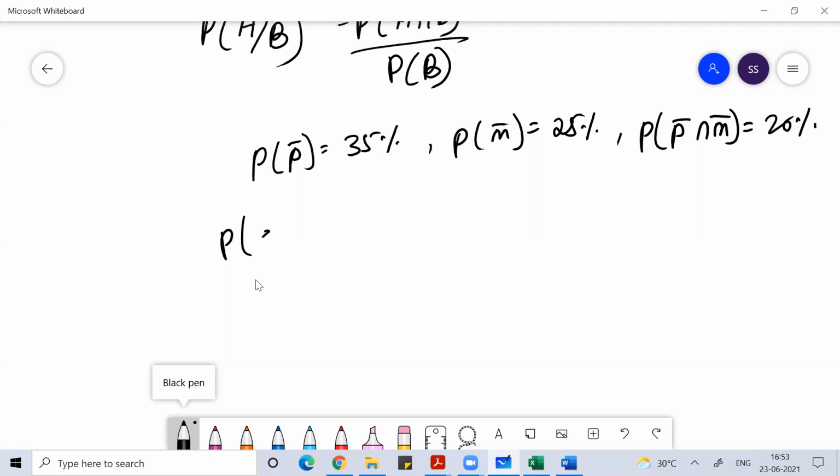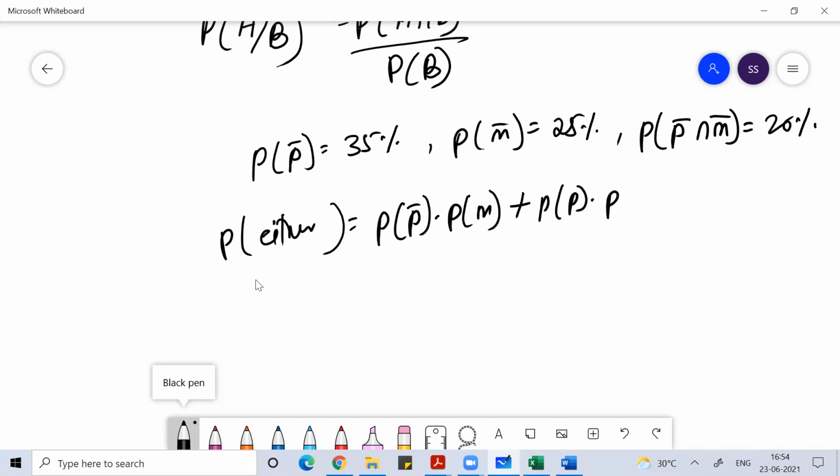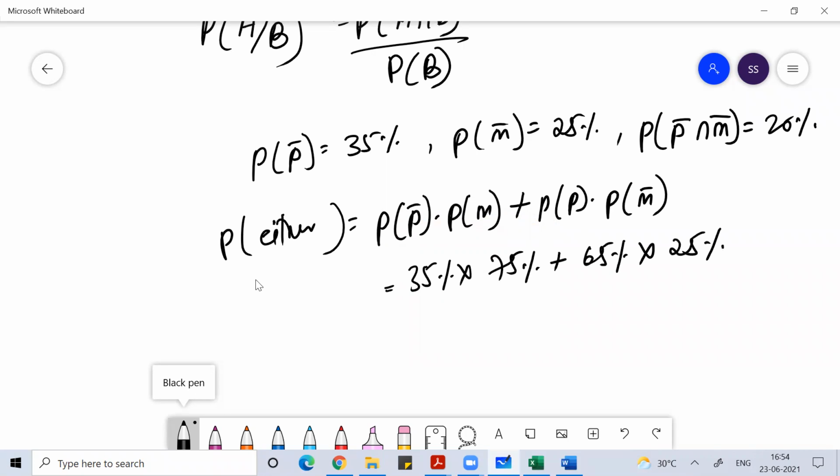So according to me, either means that you failed in physics and passed in maths, so not both together, or you passed in physics and failed in maths. Let me check whether both give the same answer. Failed in physics is 35, passed in maths is 75, plus pass in physics is 65, fail in maths is 25.